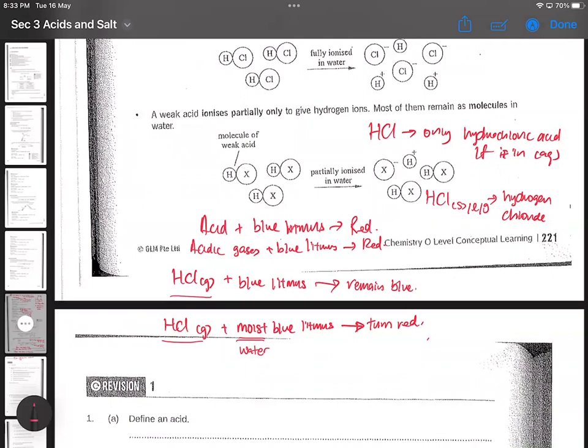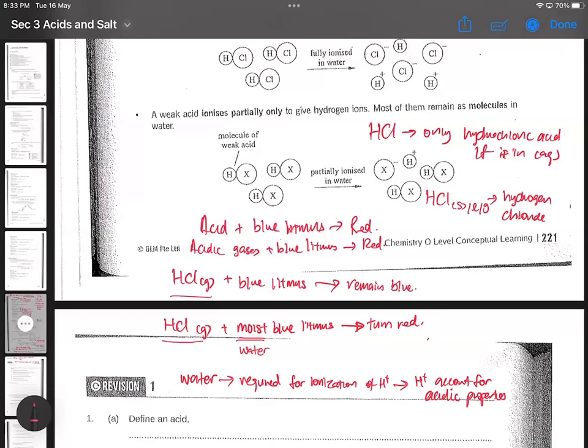So the concept here is water is required for ionization of H+, and it is this H+ that accounts for the acidic properties.